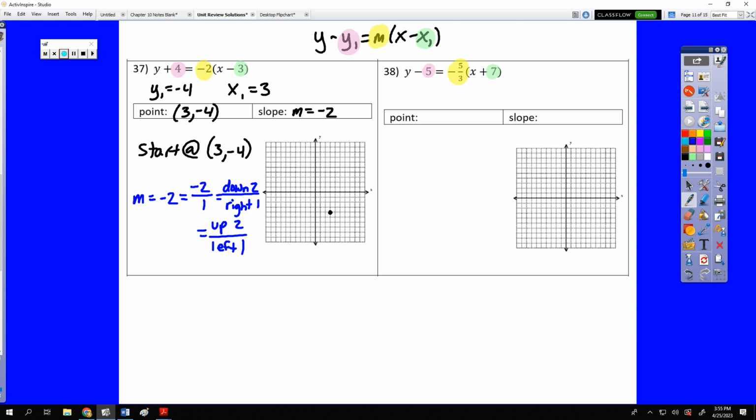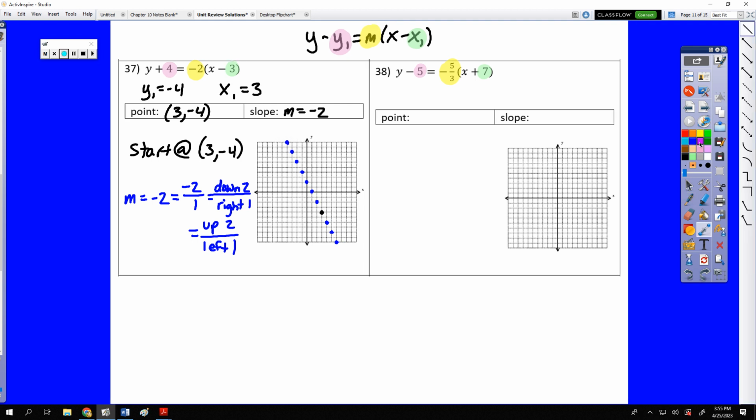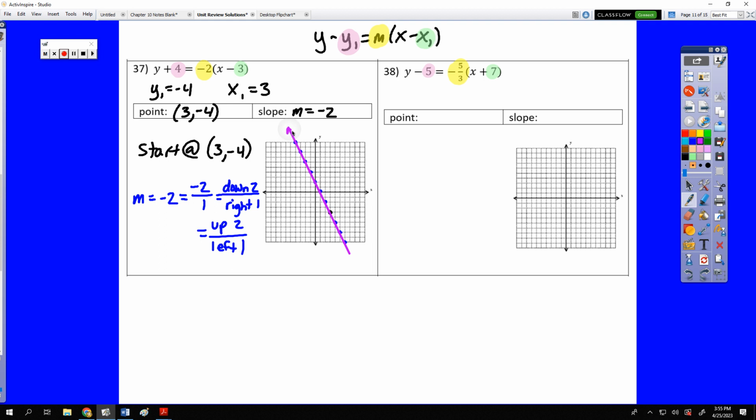So down 2, right 1 from our starting point would give us more points on the graph, or up 2 and left 1. All of these points are on our graph. Then we break out our straight edge and we draw a line through all of those points. There is our line right there through those points.